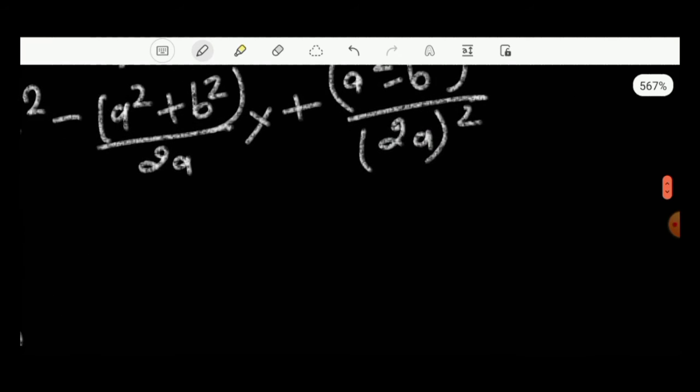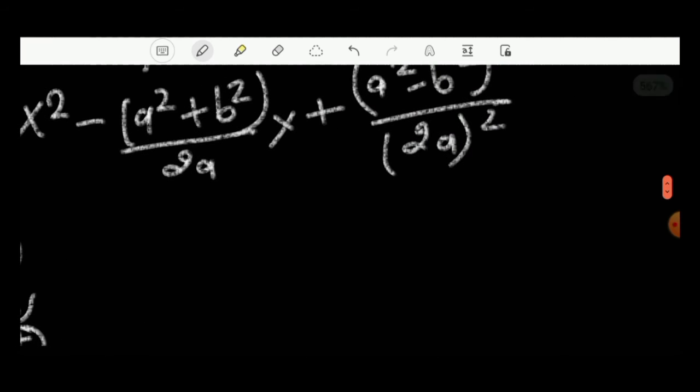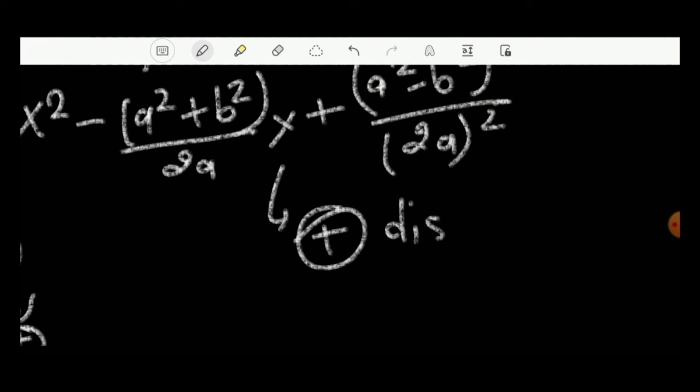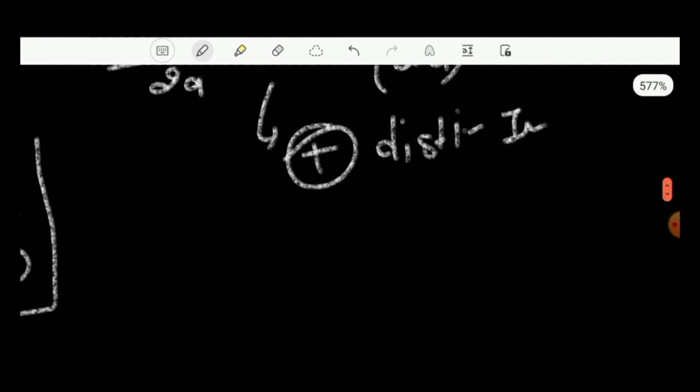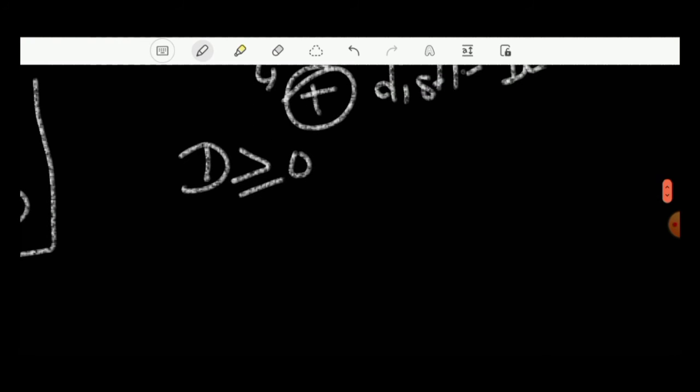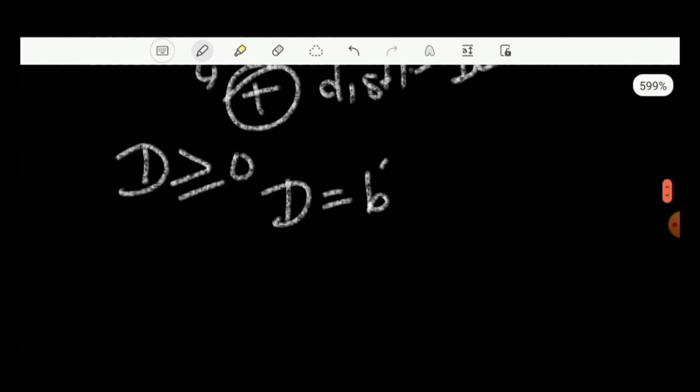And now we know that this quadratic has positive distinct roots. So for satisfying this condition, we can simply say that D has to be greater than 0. So we can find the value of D, which is equal to b square minus 4ac.